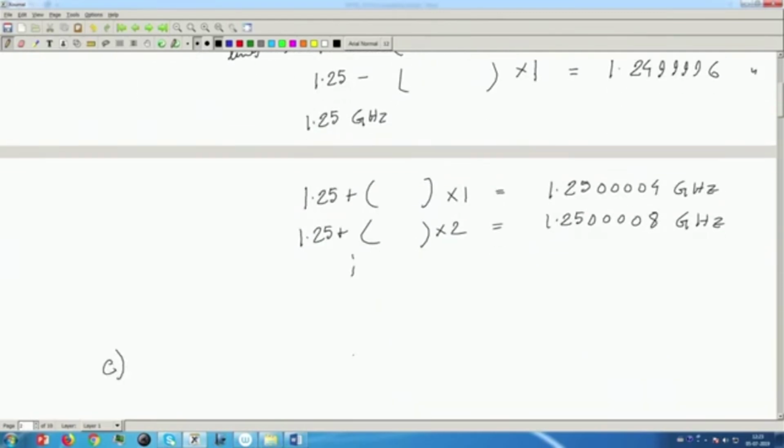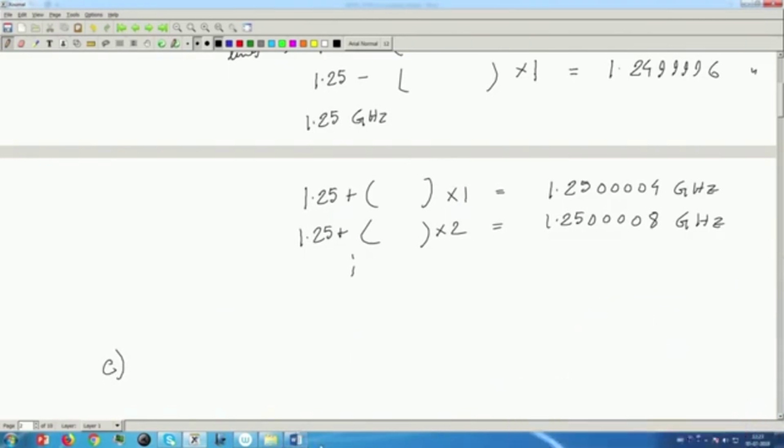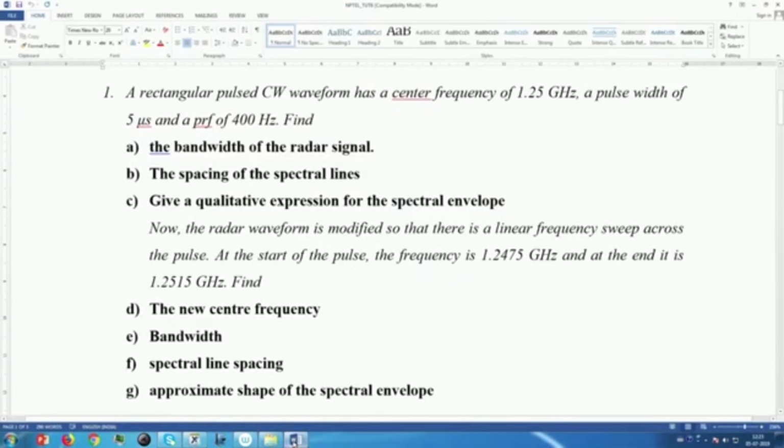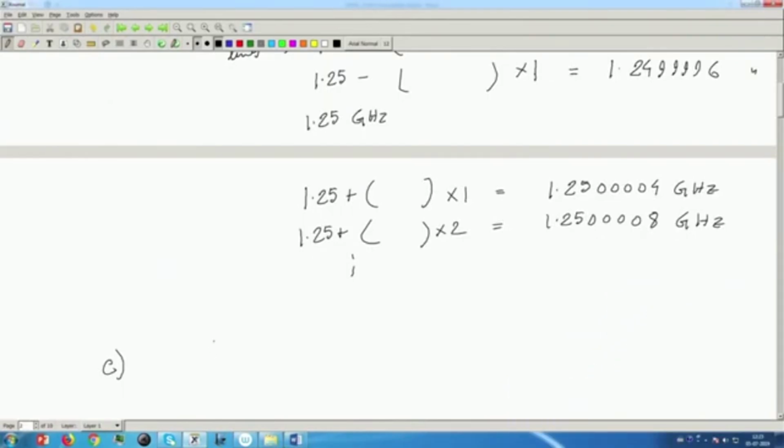Then come to part 3. What is the question here? Give a qualitative expression for the spectral envelope. We know it will be a sinc function. So, the spectral envelope will be something like sin of pi (f minus f c) tau divided by pi (f minus f c) tau.